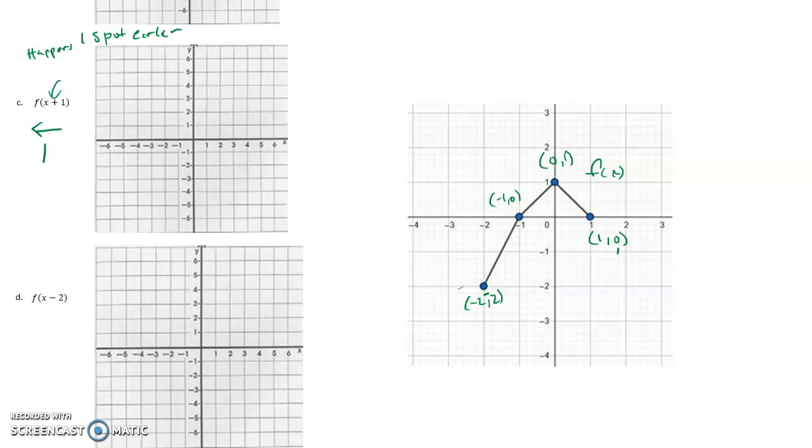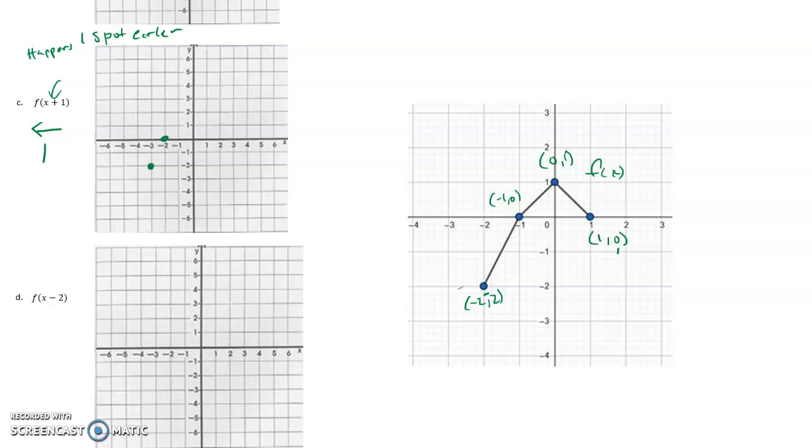So I had the point (-2, -2). I'm going to move it to the left one, so it's now going to be over here at (-3, -2). Notice I didn't change the y value, I only altered the x value. This point is (-1, 0). I'm going to move it to the left one, so it's going to become (-2, 0).